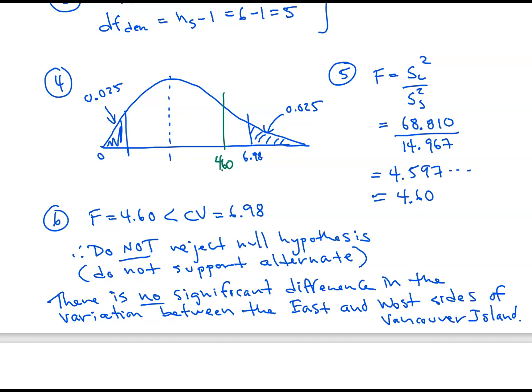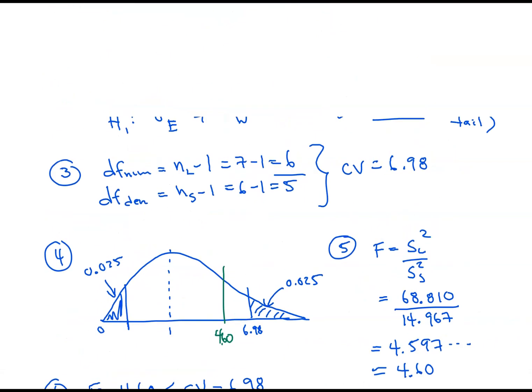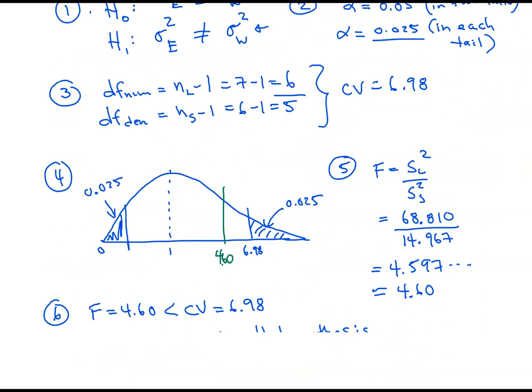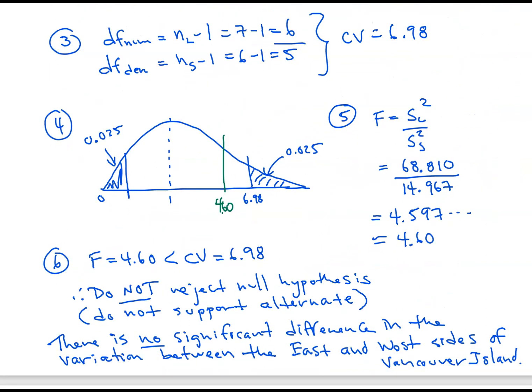Okay, so remember the not rule. Not in the critical region, do not reject, there is no significant difference. So again, we are suspicious that it was significantly different, but showing the actual procedure, we did not get a significant difference in the end.